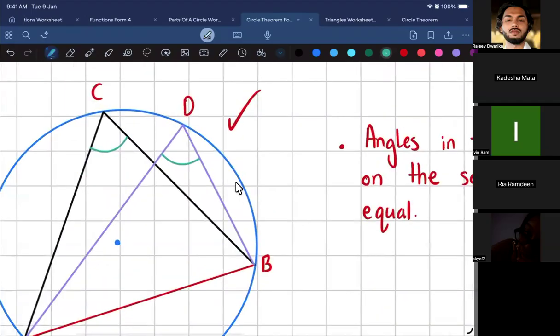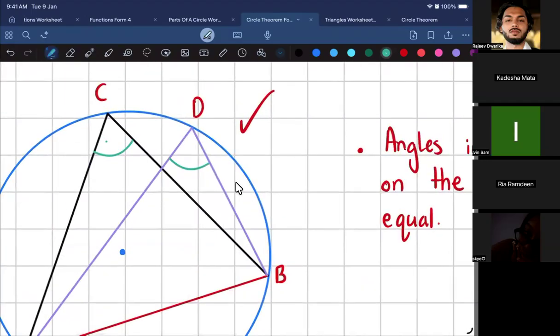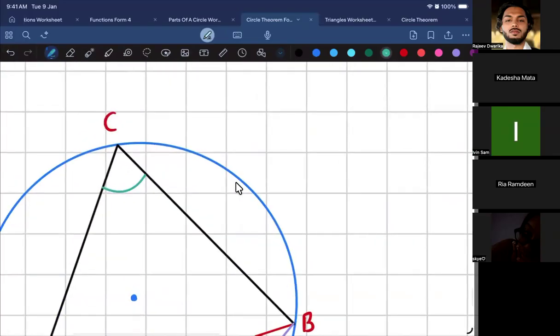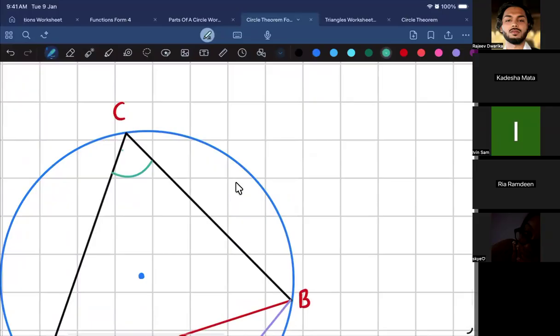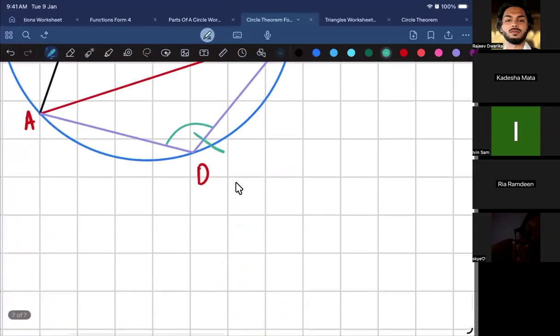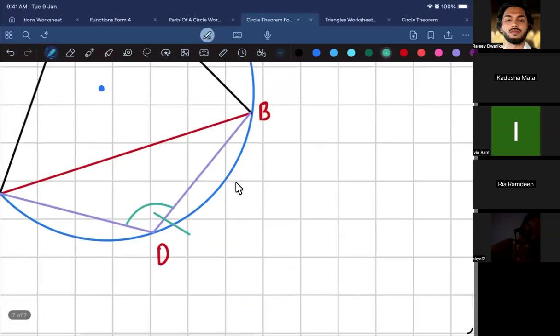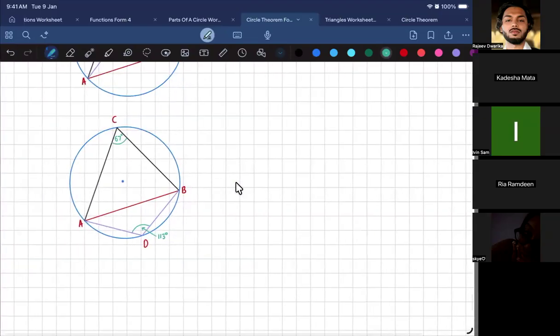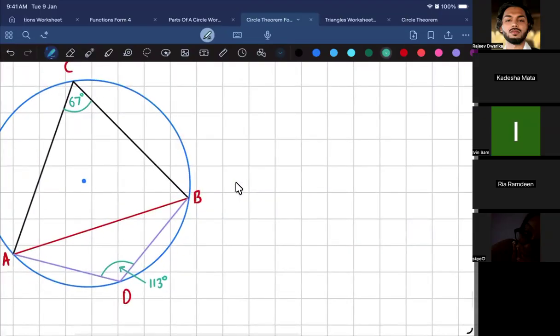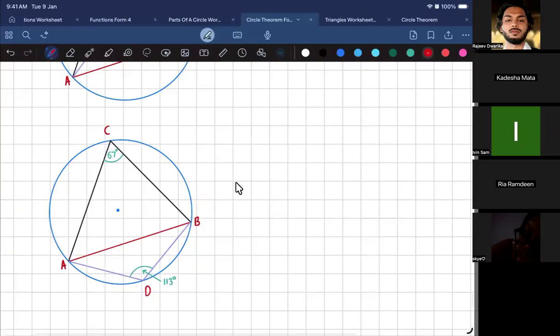So I'll give you a quick example. Maybe we could say that this is 44 degrees, and this could be 44 degrees. I could call this angle 67 degrees, and if that's the case, this could be 113. I'll show the theorem I had to use later on. So essentially, the rule doesn't apply for this one.